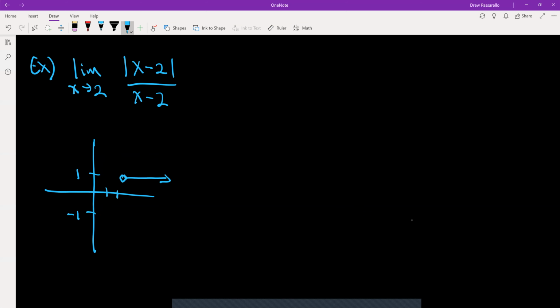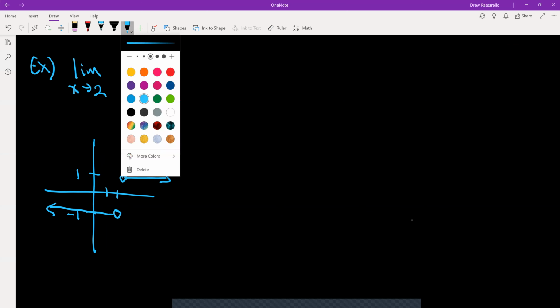It has this portion that goes to the right at 2, and then it jumps down here, where we're at -1, and then goes forever to the left at 2. So that's what the graph looks like.